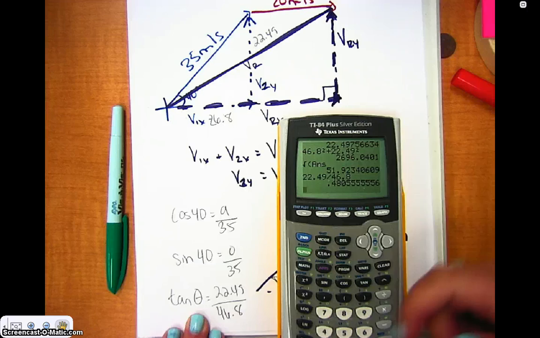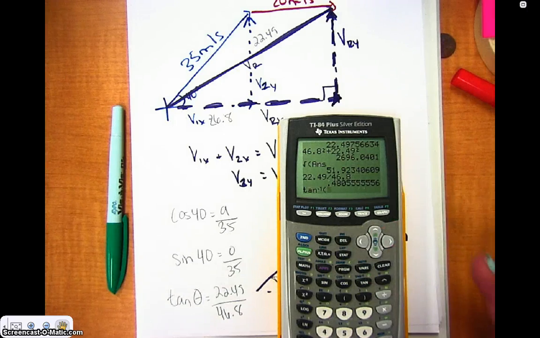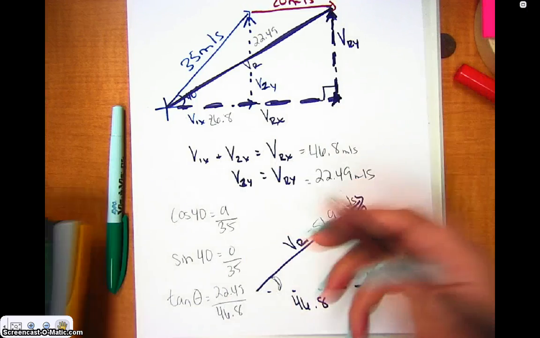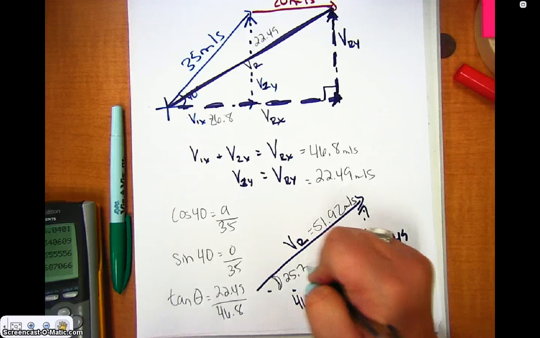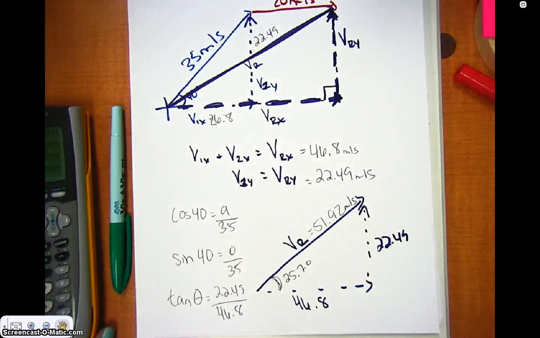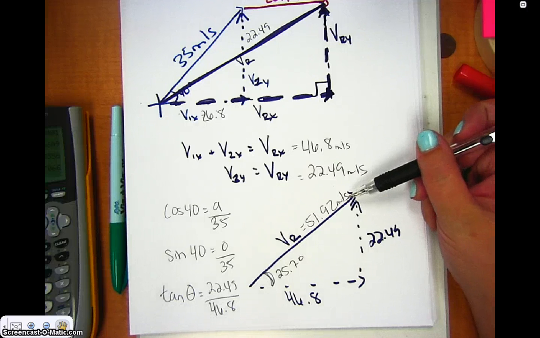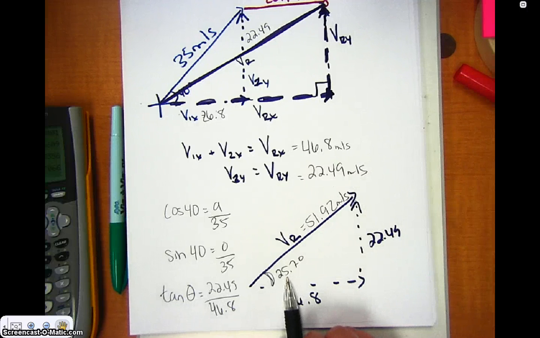In order to figure out the angle, I'm going to do the inverse tangent of my answer, and I get 25.7 degrees. So the actual resultant would be 51.92 meters per second, and that would be 25.7 degrees above the positive x-axis, or I could say north of east.